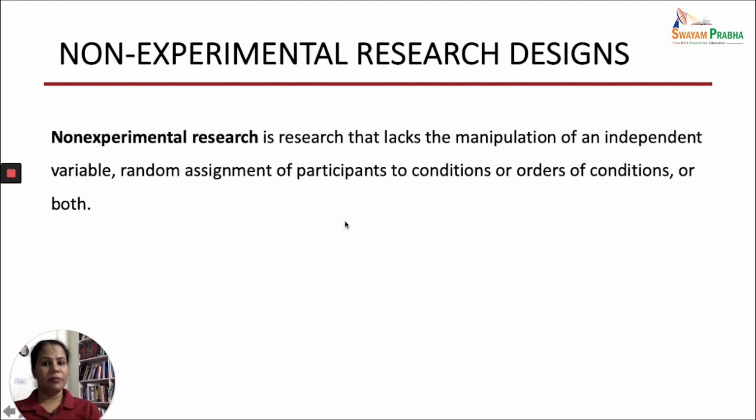You need to remember that in non-experimental research design, the researcher has a passive role. He does not introduce any new intervention, he does not manipulate the independent variable, and there is no random assignment of the subjects to any conditions.